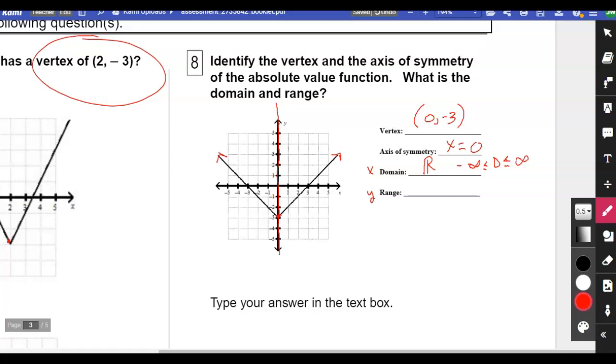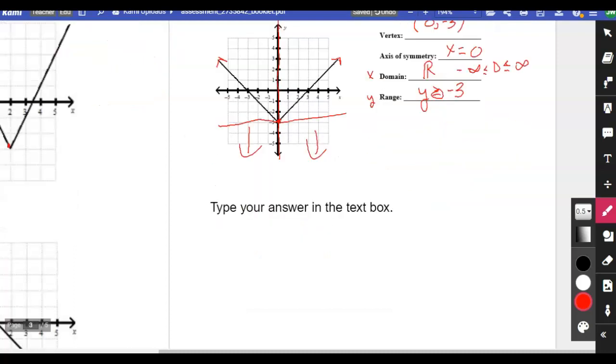What is my range? My y values cannot be below this line. You're never going to get a y down here. So my y has to be greater than or equal to -3. There is a way on there that you can do the greater than or equal to. It's usually in the function tab across the top.